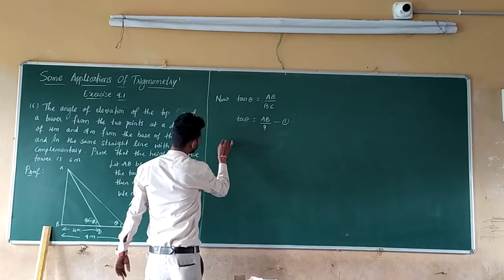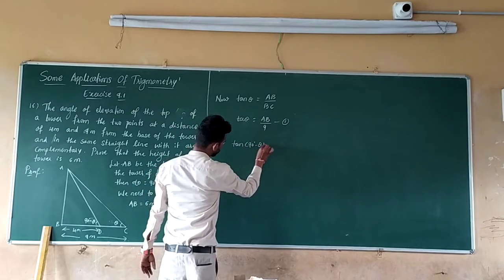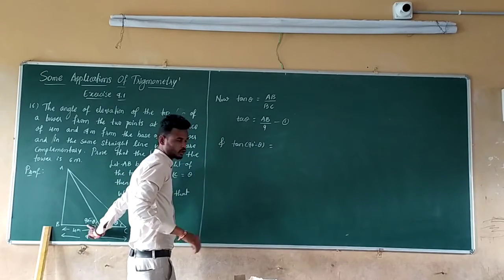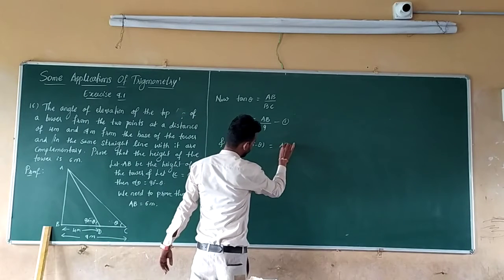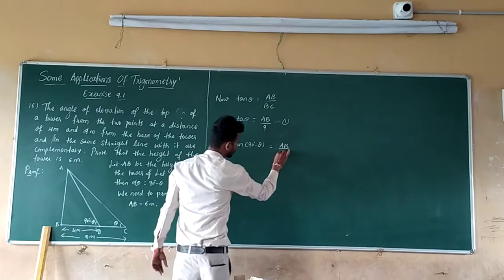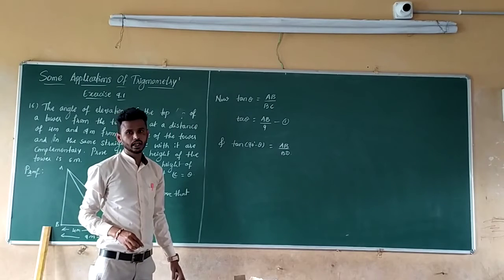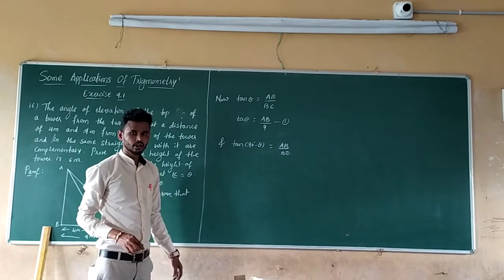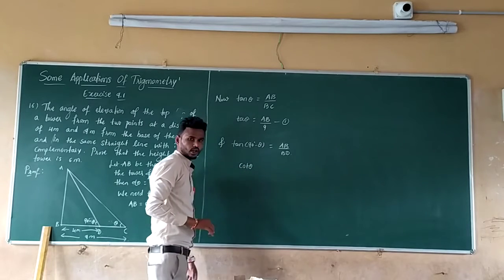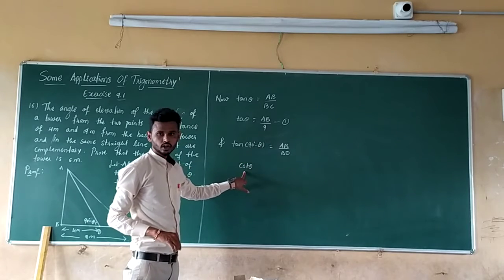Next, similarly, tan of 90 degrees minus theta. For the angle 90 minus theta, the opposite is AB and the adjacent is BD. Now tan of 90 minus theta, by the complementary angles rule for trigonometric ratios, gives cot theta.